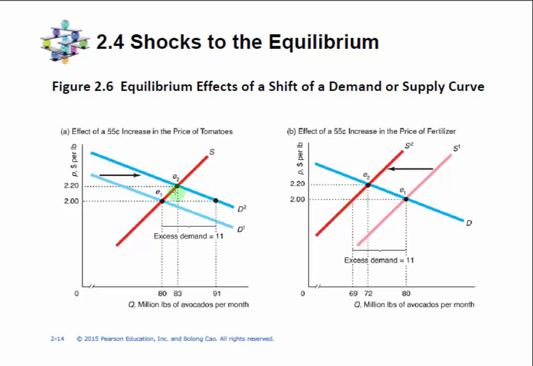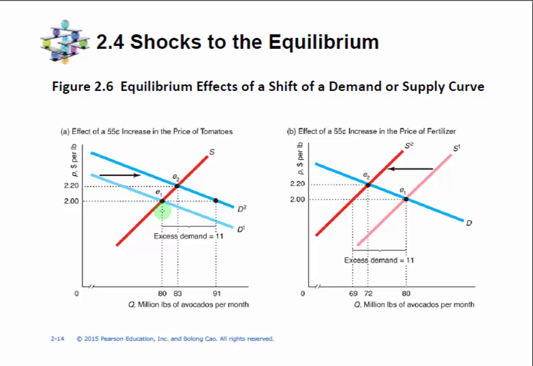And to understand this result, what we have is actually the equilibrium point moving along the supply curve, because the supply curve is upward sloping, right? When it moves along the supply curve, you can have either an increase in demand or a decrease in demand. What you will have is basically the equilibrium price changing in the same direction as the equilibrium quantity.